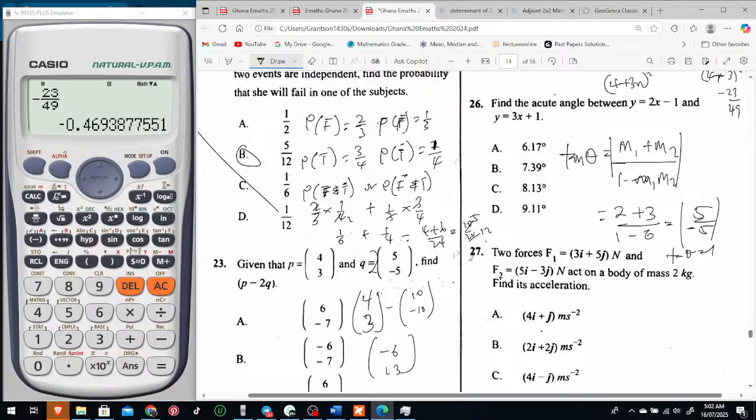Should it be negative 15? Or am I wrong? Cross check on your side. 2 plus 3, 1 minus the product of 2.